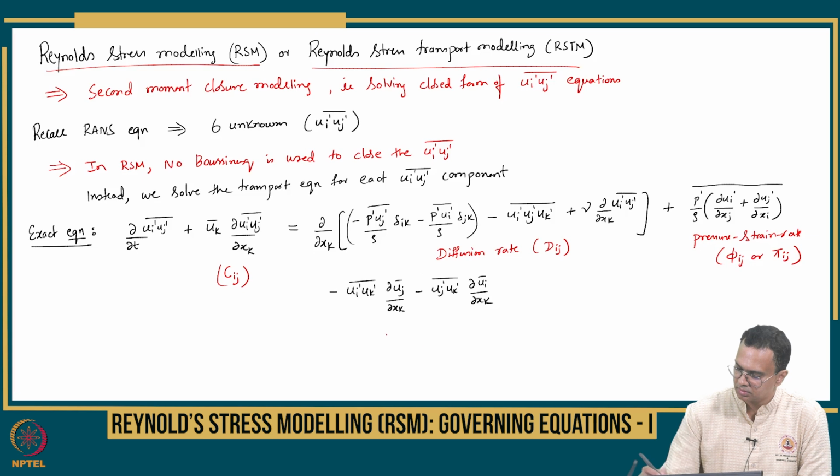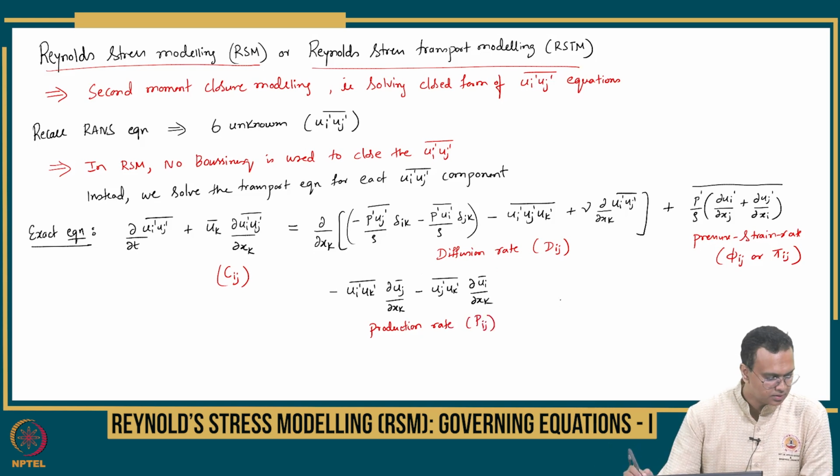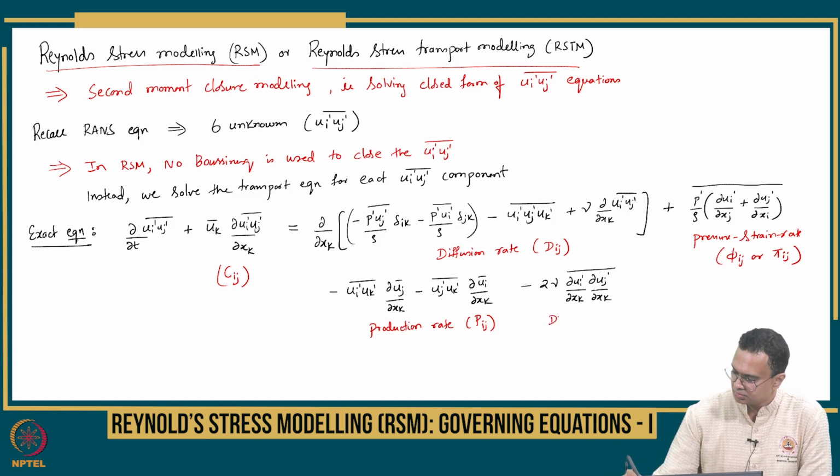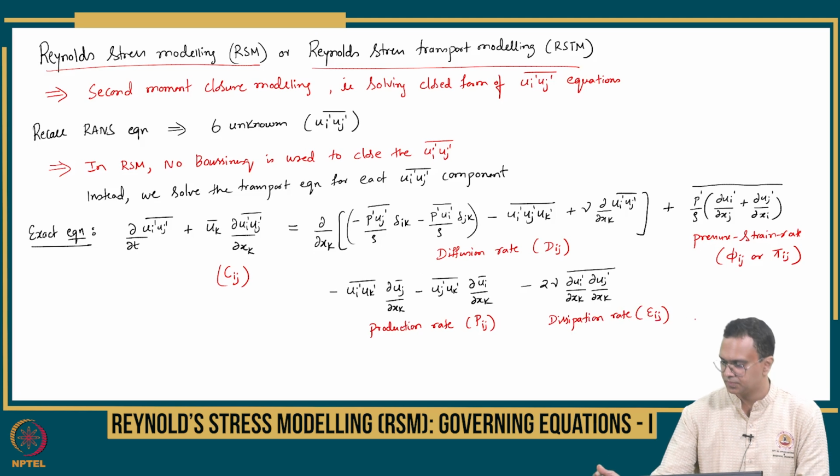So this is your production rate, you can call it Pij, and finally the dissipation rate term, which is minus 2 nu dou ui prime by dou xk dou uj prime by dou xk. This is your dissipation rate term. We call it epsilon ij, let's say, symbolically.